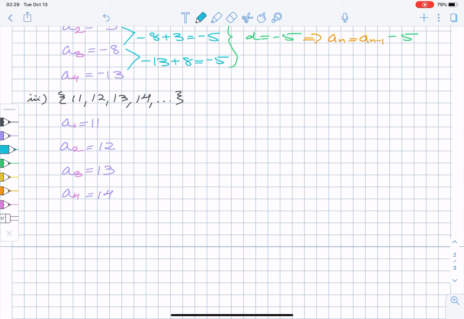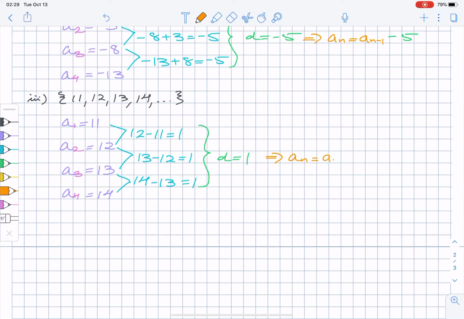Okay. So 12 minus 11 is equal to 1. 13 minus 12 is equal to 1. 14 minus 13 is equal to 1. So I claim the common difference, D, is of course 1, which means that the recursive formula is A sub n is equal to A sub n minus 1 plus 1.